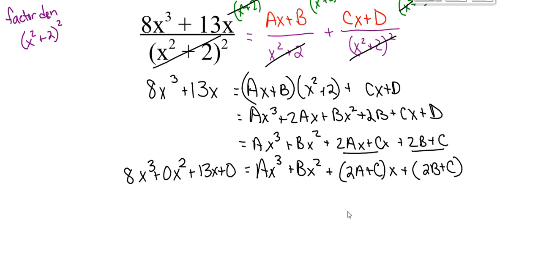Now, I'm going to make a system of equations again. I'm going to match the cubes, the squares, the linears, and the constants. I have 4 unknowns, so I'm going to get 4 equations and 4 unknowns.